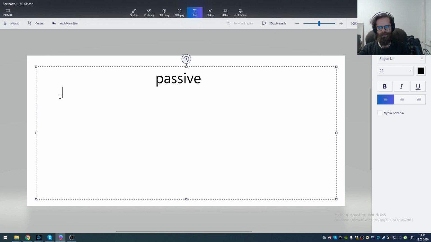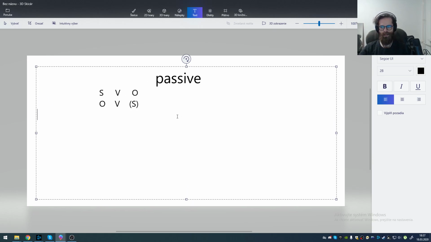So, subject, verb, object. This is how the normal sentence looks. Here it goes like this: object, verb, and subject is voluntary, whatever you feel like.